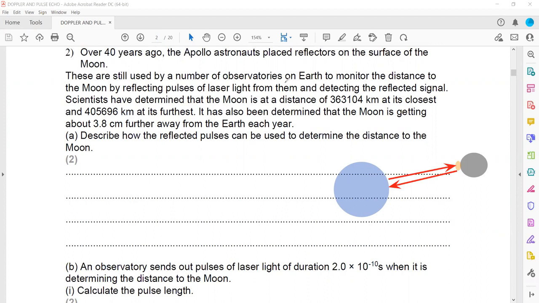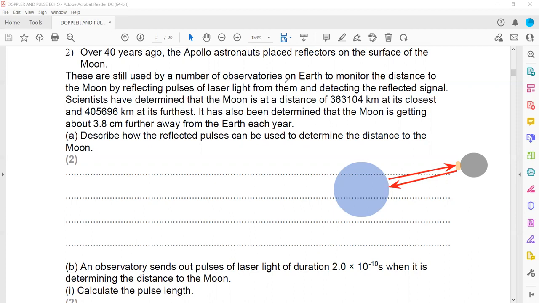The closest is 363,104 and the furthest is 405,696 kilometers. It has also been determined that the moon is getting about 3.8 centimeters further away from Earth each year. Like every year, the moon is getting 3.8 centimeters away from us.